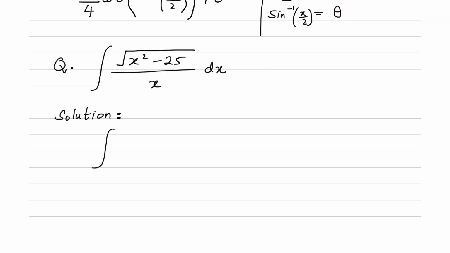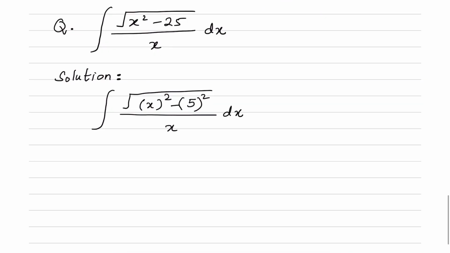We will rewrite it: x square minus 25 can be written as 5 square, divided by x dx. Since it's a secant situation, we will put x equal to 5 secant theta, where 5 is the number inside the square.